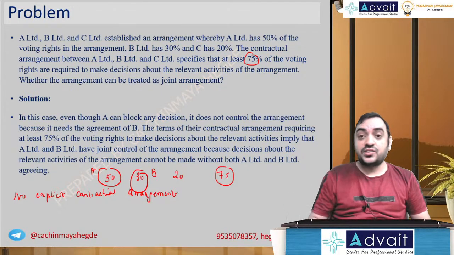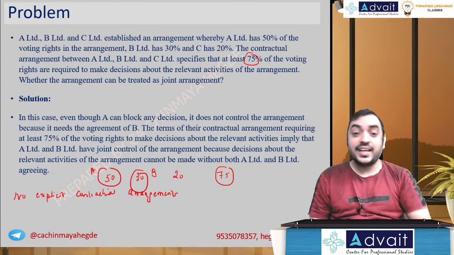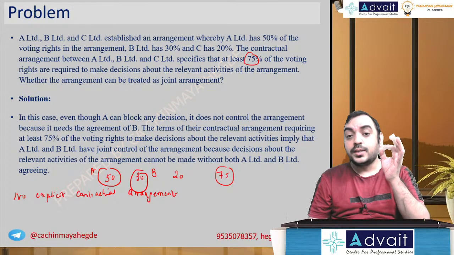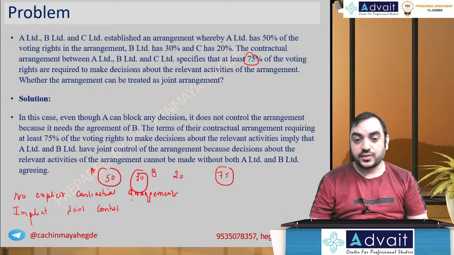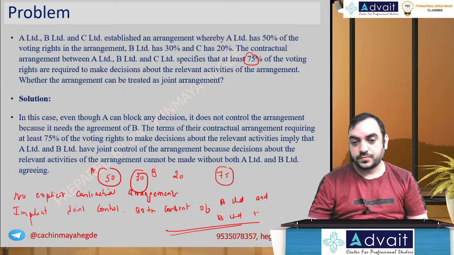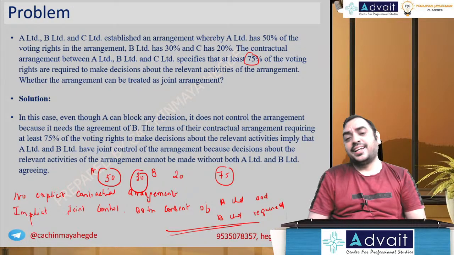He may say yes, he may say no, but the two parties that must agree to take the decisions are A and B. Therefore, there is implicit joint control, because the consent of both A Limited and B Limited is required.